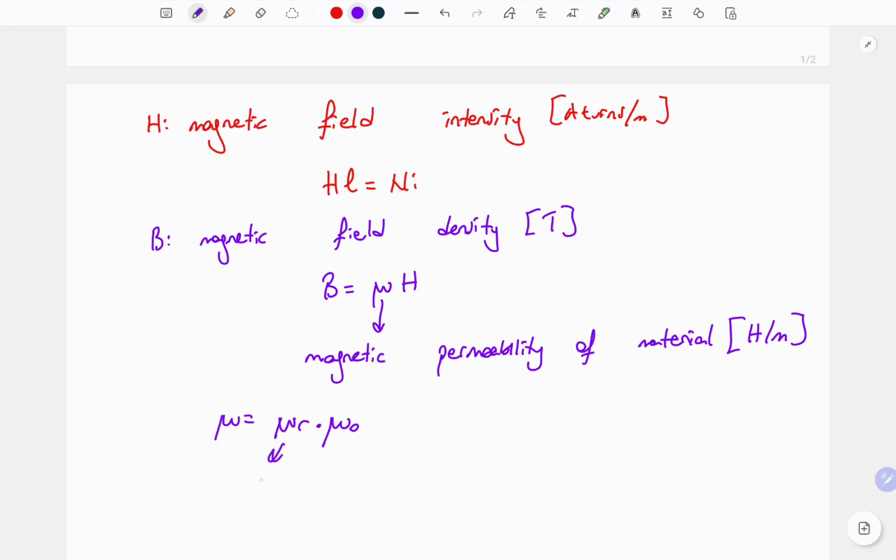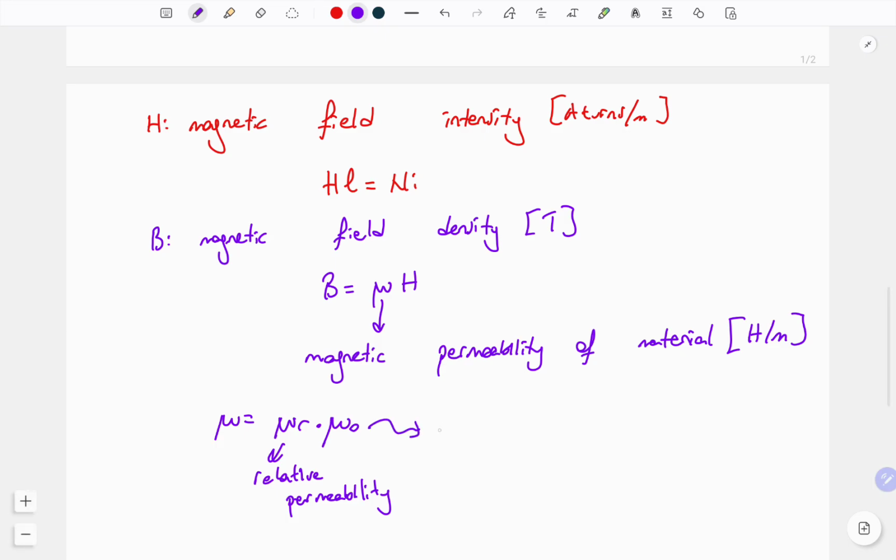Mu r is the relative permeability, and the permeabilities are defined based on mu zero. So we know the relative permeability, and according to mu zero, which represents the permeability of free space, we know how much greater permeability we have for the material.